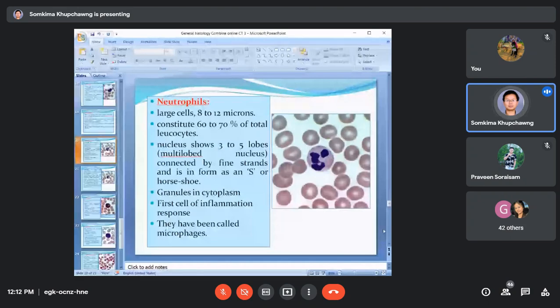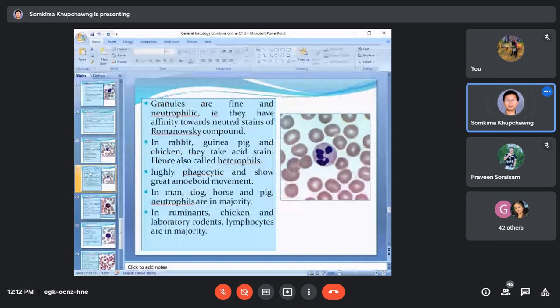So here, next point, granules are fine, neutrophilic. That is, they have affinity towards the neutral stain of the Romanowsky compound. That's why they are known as neutrophilic. The granules are fine in nature.